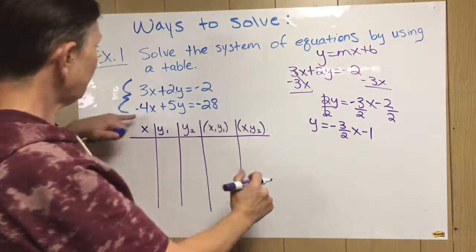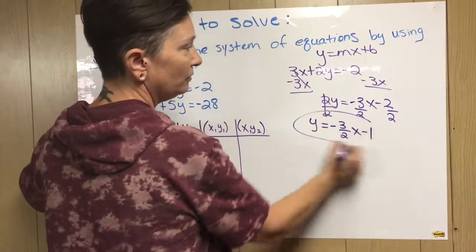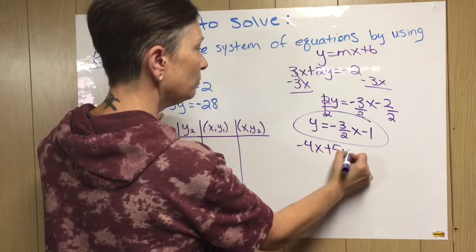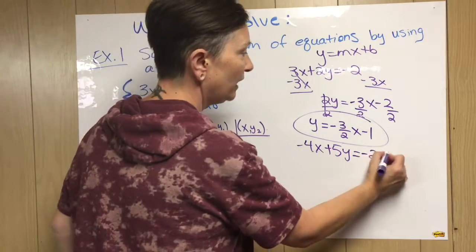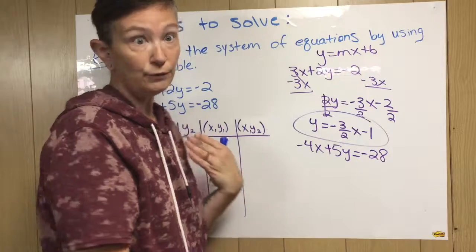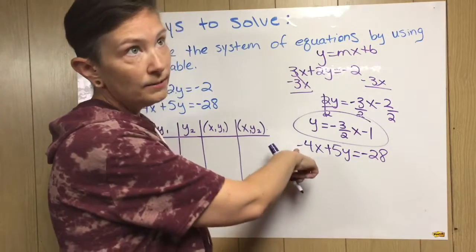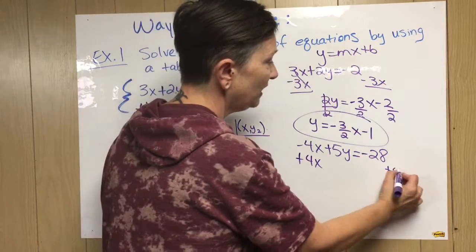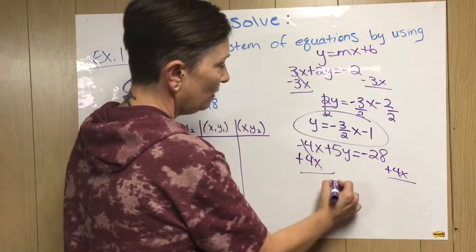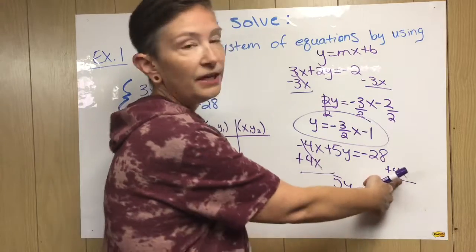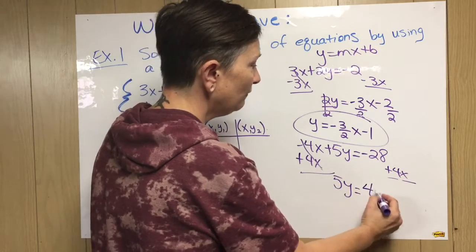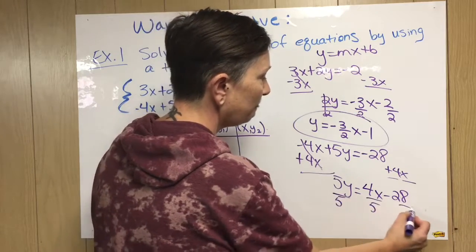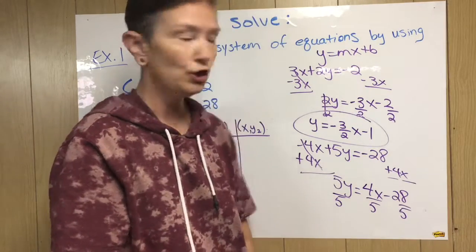My next one is negative 4x plus 5y equals negative 28. So again, I'm going to solve this equation for y. The opposite of a negative is to add 4x to both sides. 5y equals, again putting my x term first, 4x minus 28, and then I want to divide every term by 5.